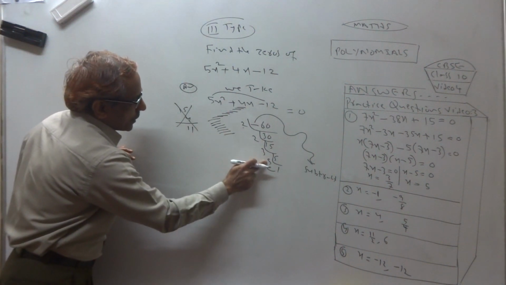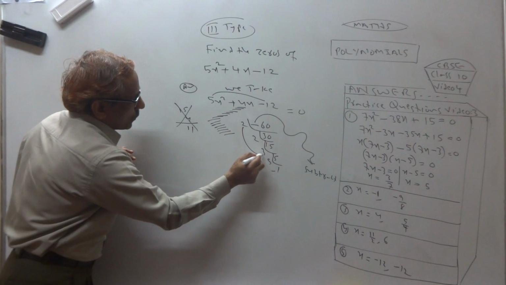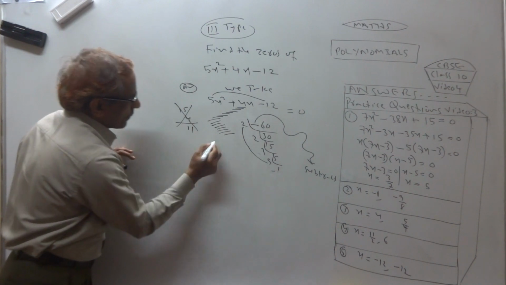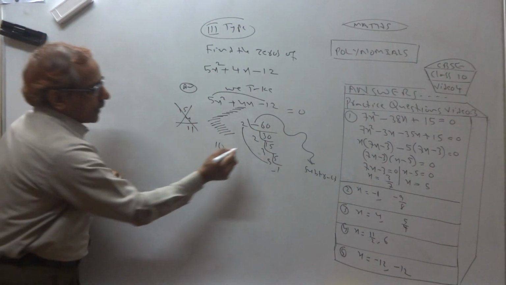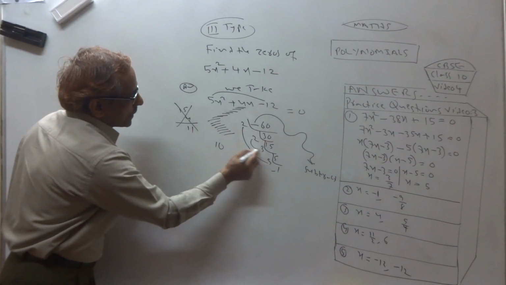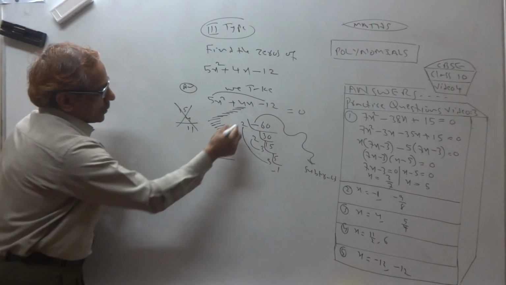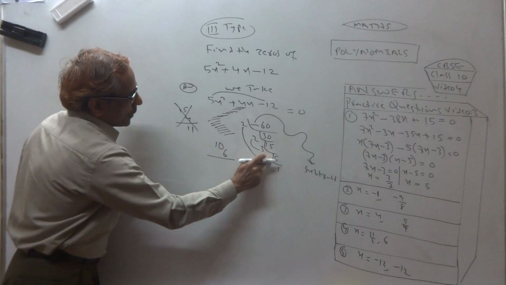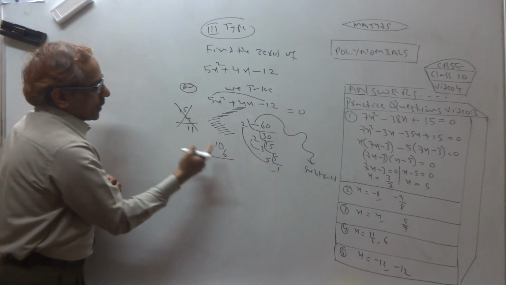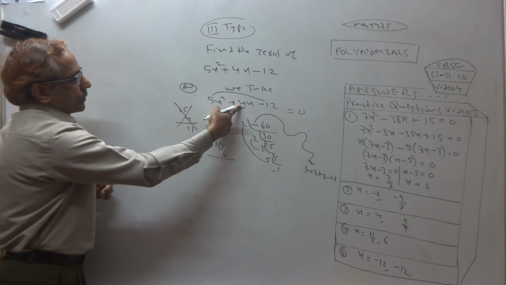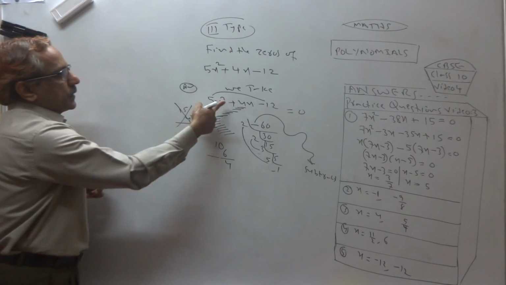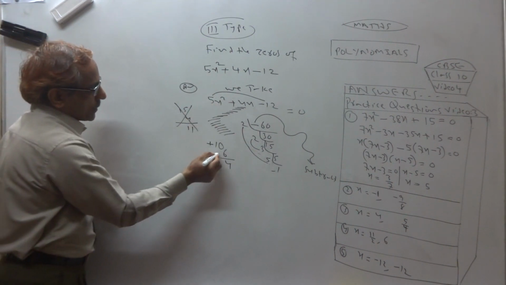You take 2 5s are 10 and 3 2s are 6. So 10 minus 6, 4. So center is plus, no? So big plus, small minus.